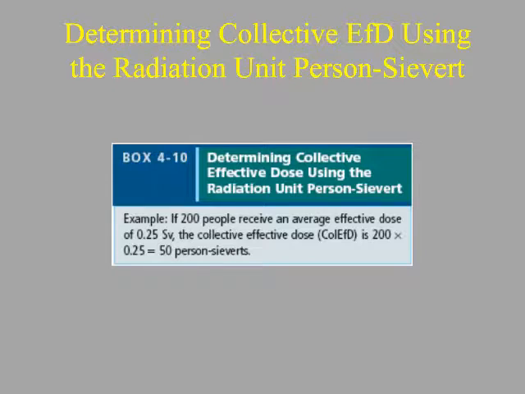So here's an example of the kind of problem that we might be asked with this. If 200 people receive an average effective dose of 0.25 sieverts, the collective effective dose would be 200 times 0.25. It's 50 person-sieverts, right?